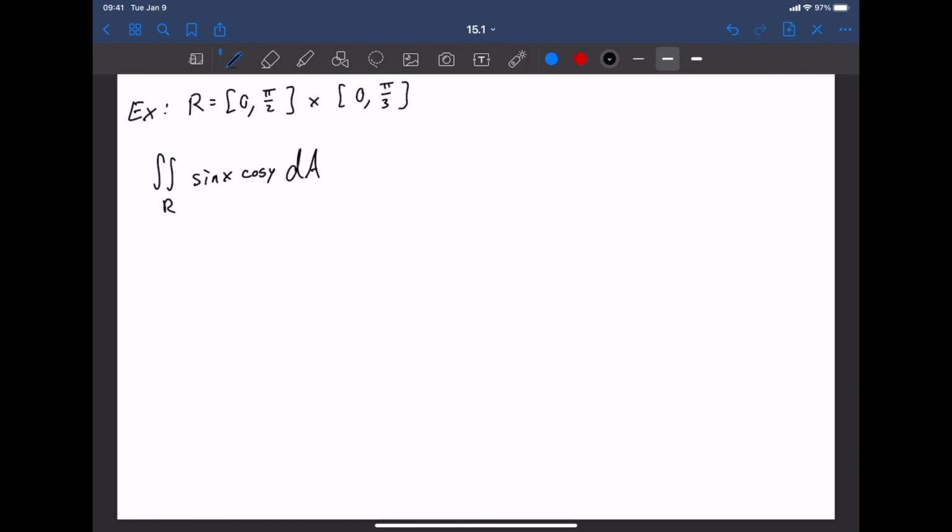So instead of just picking an order and switching to iterated, we can just totally decompose it into an x integral from 0 to pi over 2, because I know that's the guy who comes first, sine x dx, times an integral from 0 to pi over 3 of cosine y dy. And you'll get the right answer. This only works because I can break this up with multiplication, and because I'm over a rectangular region. Things are going to get a little more interesting when we're not doing rectangles in the next section.